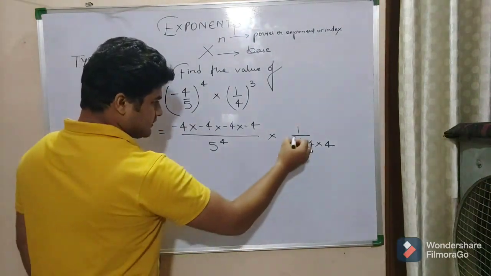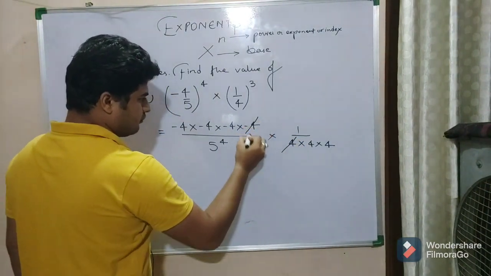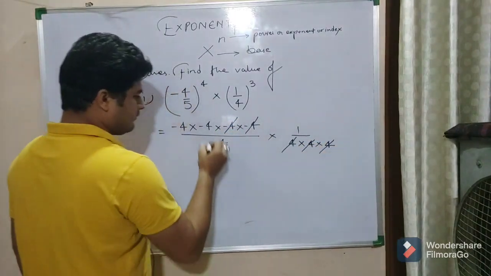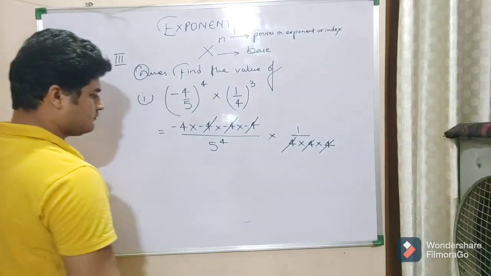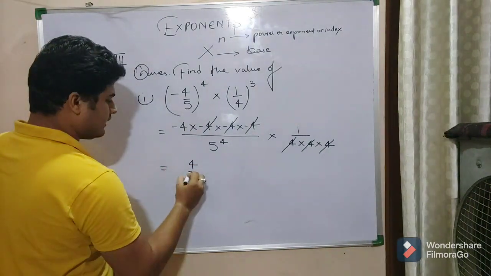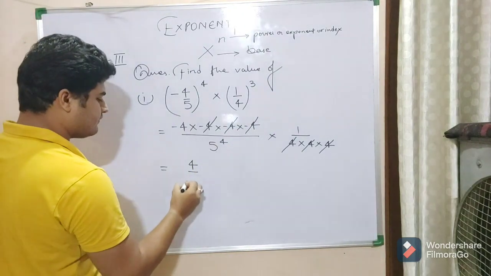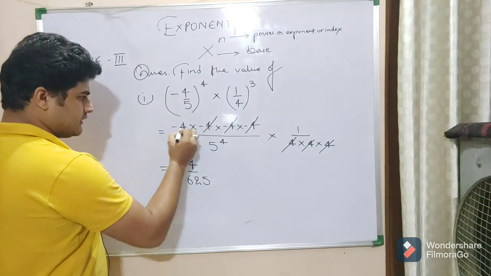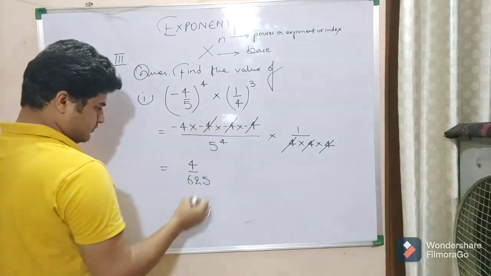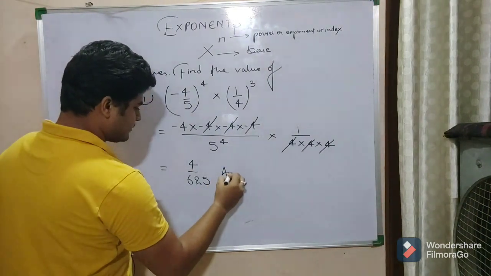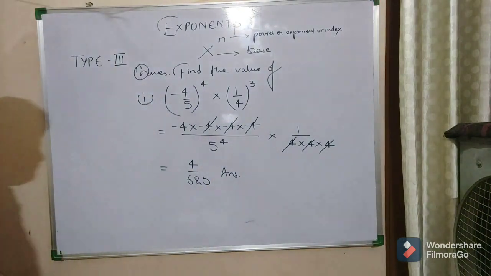Now you can cancel this 4 with this 4, 4 with this 4 and 4 with this 4. So what you get finally is in the numerator 4 and in the denominator 5 raised to the power 4, that is 625, and minus into minus into minus into minus, that is even number of times, will give you a positive answer. So this can be your answer.